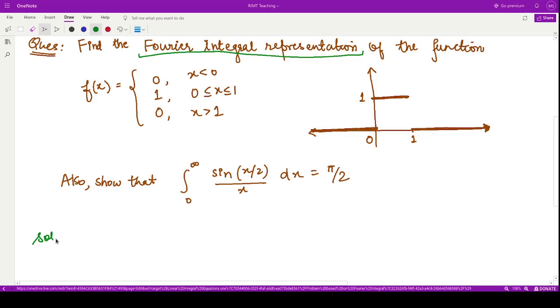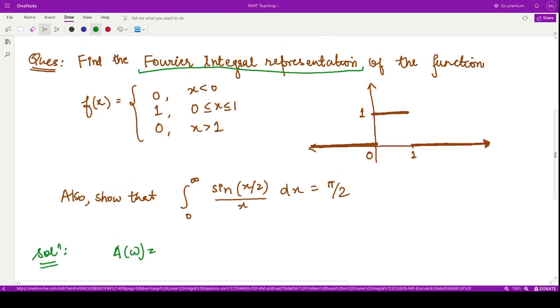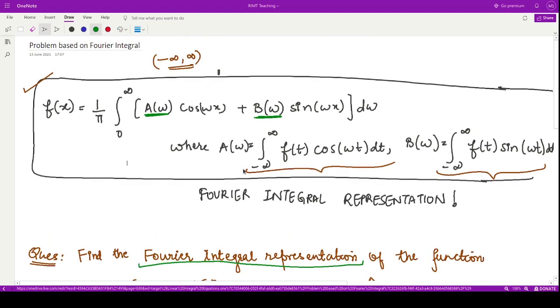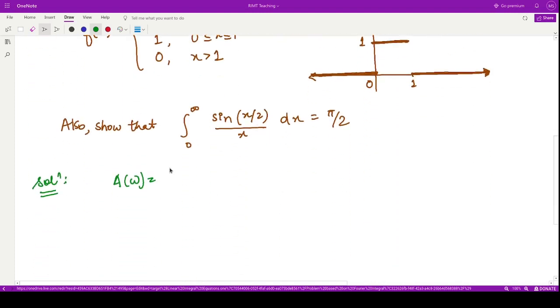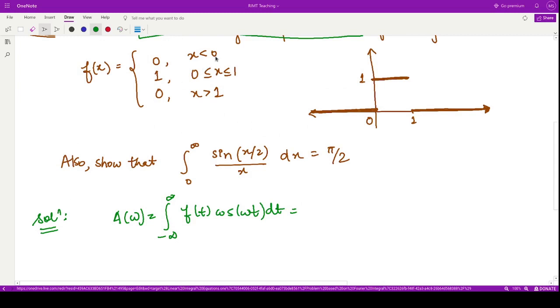For the solution, let me first calculate A(omega). By the definition, A(omega) is the integral from minus infinity to infinity of f(t) cos omega t dt. Now your function is defined piecewise, so you have to break your integral onto the limits 0 and 1.